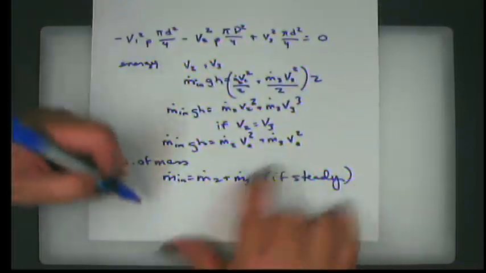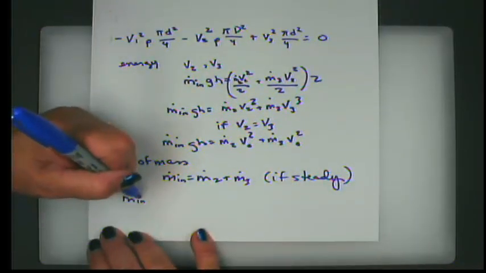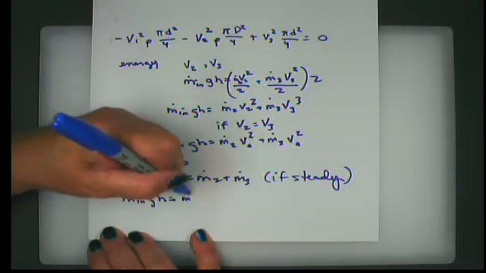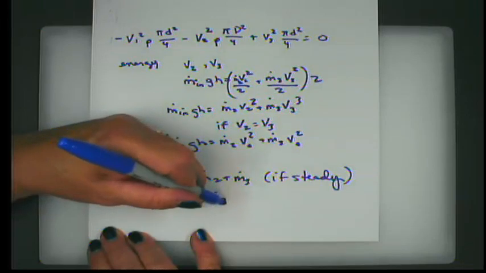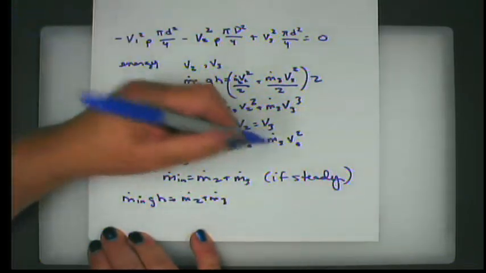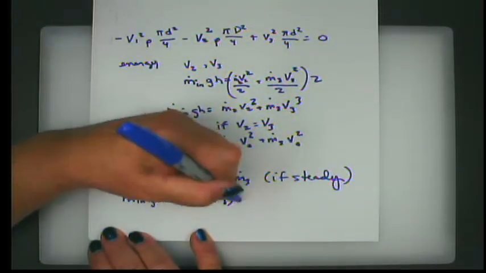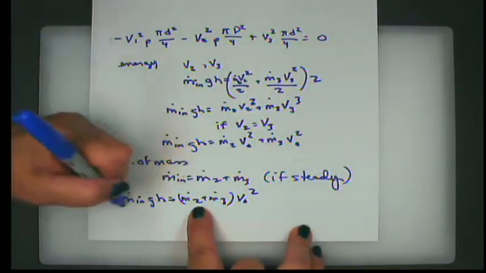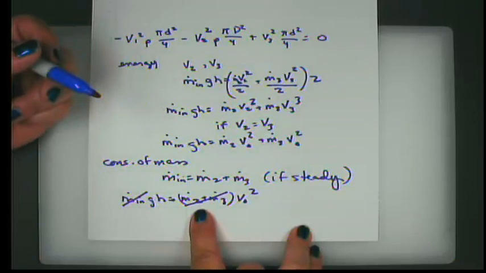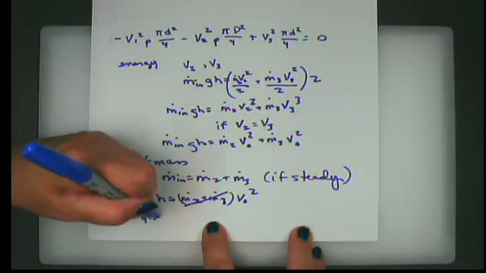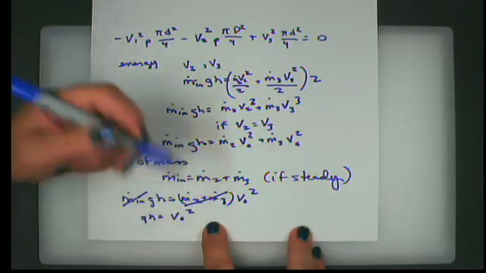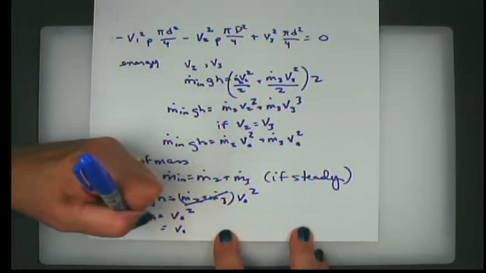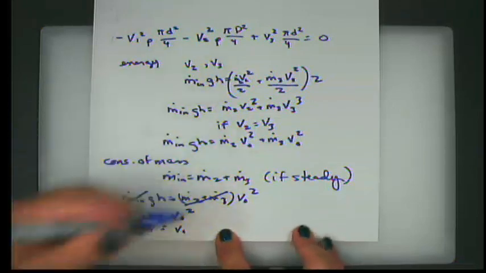So we can factor out our V out, and we can say m dot in gh equals m dot 2 plus m dot 3 times V out squared. And this is equal to this due to conservation of mass, so they cancel. And we get gh is equal to V out squared, or V out is equal to the square root of gh.